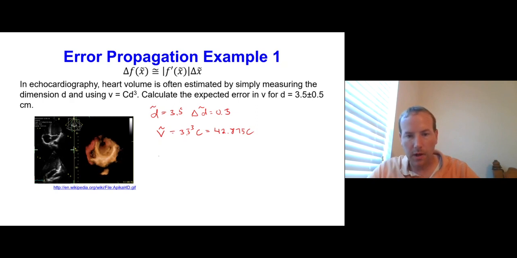The actual error propagation looks at when we're trying to calculate the error in V. And so we're going to be using this equation up at the top, where we need to be looking at the first derivative of our function with respect to x. So that would be 3 times c times 3.5 squared, because it was cubed, and so its first derivative is going to be 3 times this.